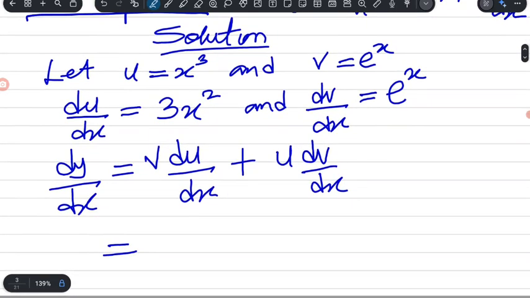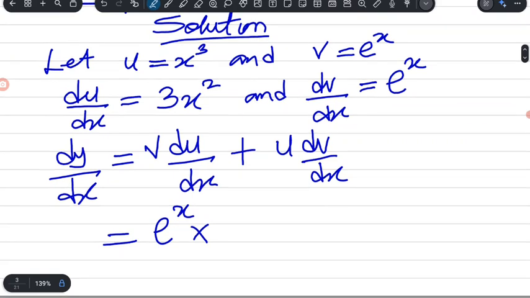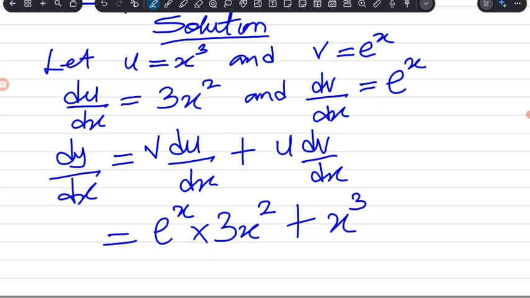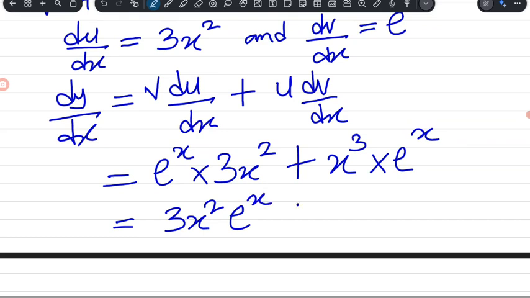Our v is e raised to power x, to multiply du/dx, which is 3x squared. Plus our u, which is x raised to power 3, to multiply dv/dx, which is e raised to power x. In view of this, we have 3x squared e raised to power x plus x raised to power 3 e raised to power x.